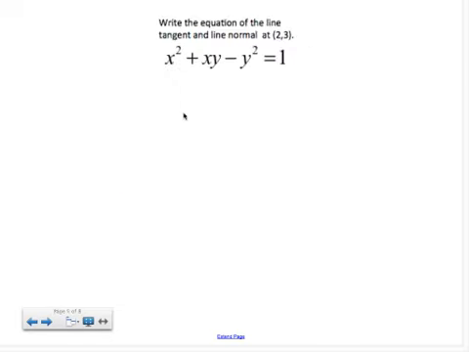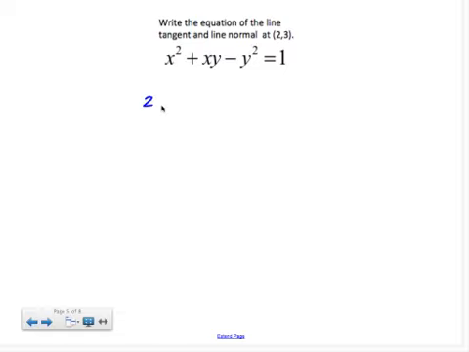All right, write the equation of the line tangent and the line normal at (2, 3). So they've given us the x and y values, that's good, of this curve, which may or may not be a function. Okay, it's a relation that involves x's and y's. So we need to take the derivative implicitly, the derivative of both sides, and then solve for y prime.